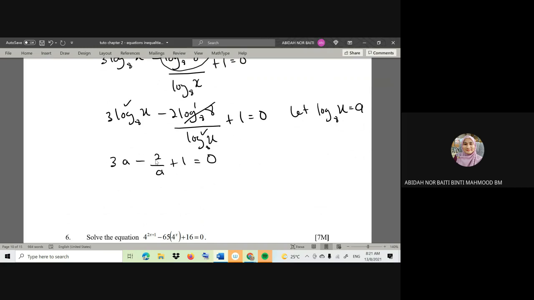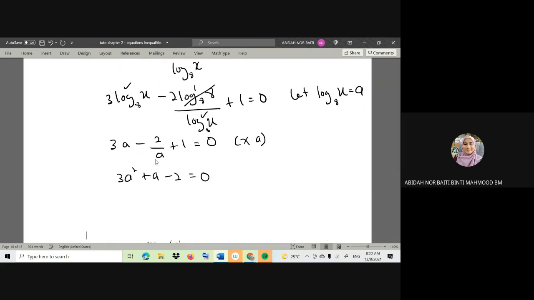So kalau ada equation kita boleh buat apa? Darab A. Kita boleh jadikan denominator semua over positive 1 ya. So we times all with A. Semua darab dengan A. So here we get 3A squared plus A minus 2 equal 0 ya.